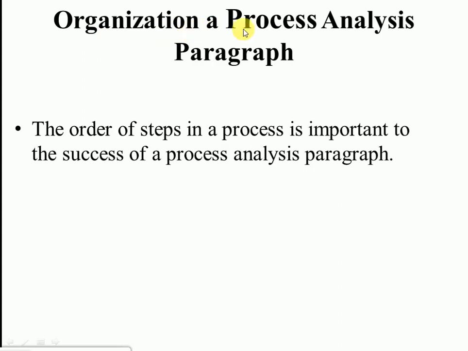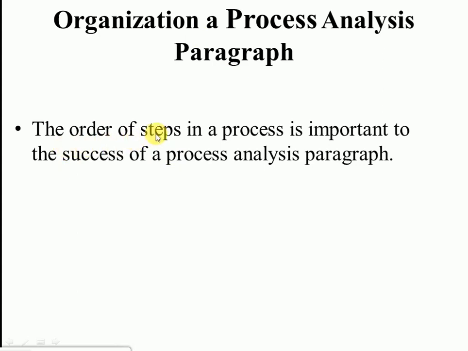Okay, organization of a process analysis paragraph. As you know, in a paragraph there are three parts. One is the topic sentence, the second is the supporting sentences, and the end is the concluding sentence. So a process analysis paragraph is the same as other paragraphs, with three main parts.